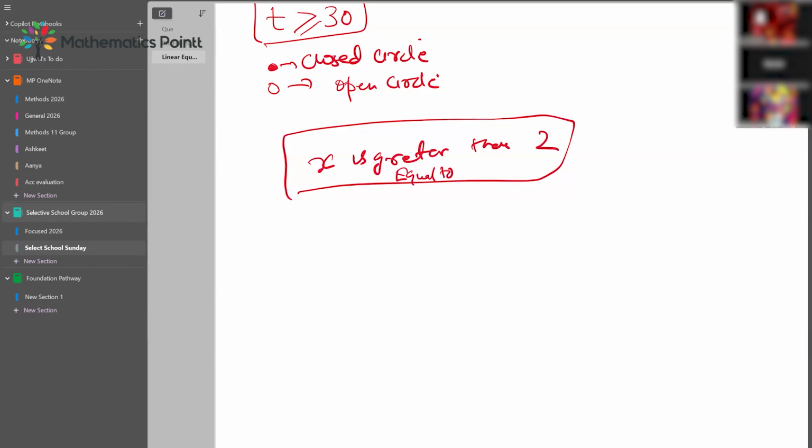If I say x is at least 3, how will you write this? At least 3 as an inequality. I'm just looking at the chat.